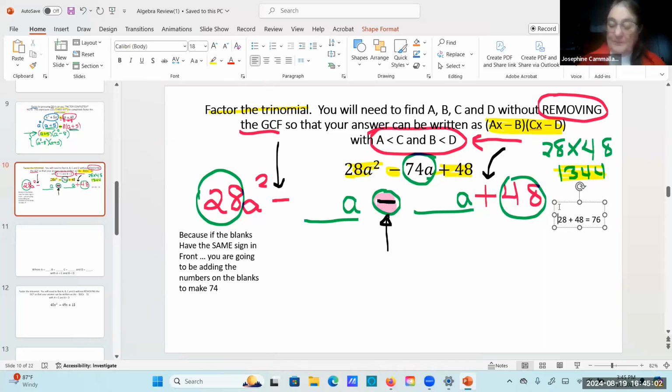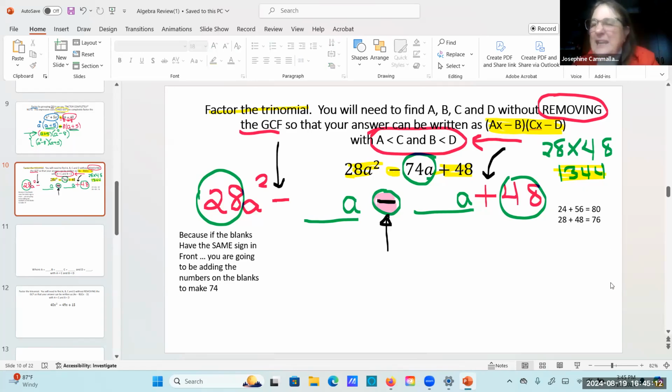So if I take 24 plus 56, that gave me 80. That means I'm going in the wrong direction.